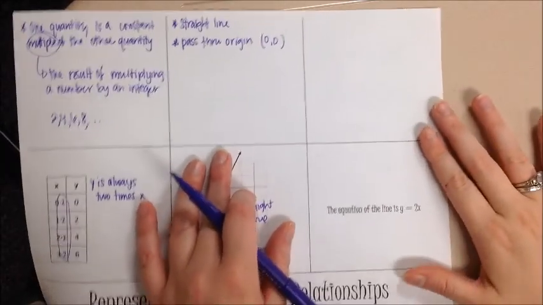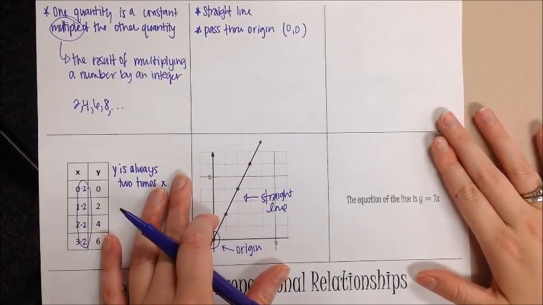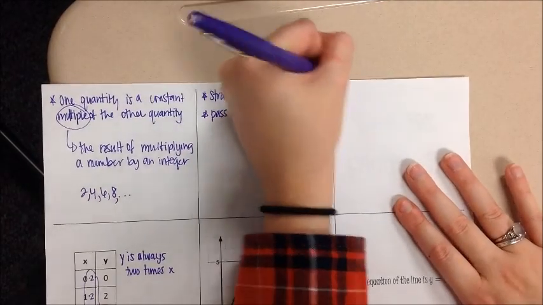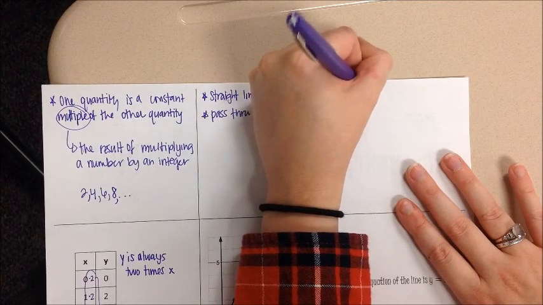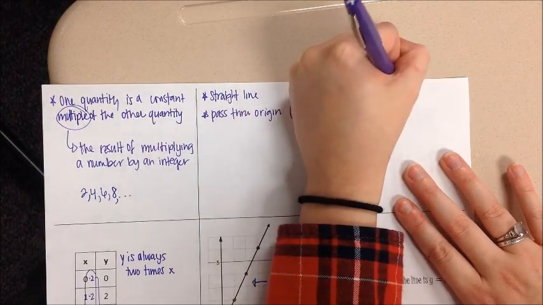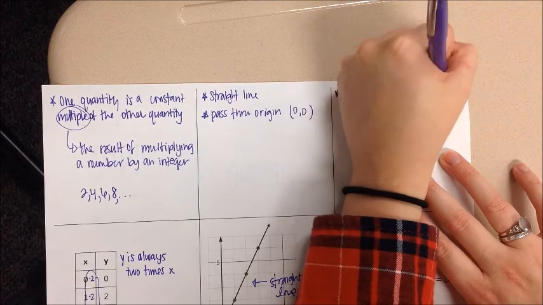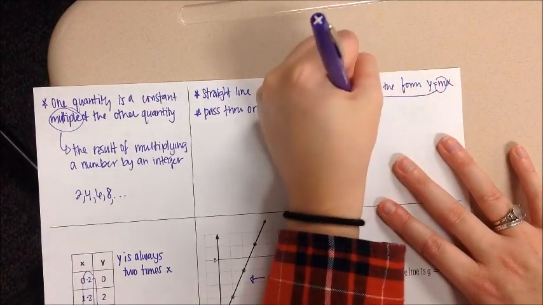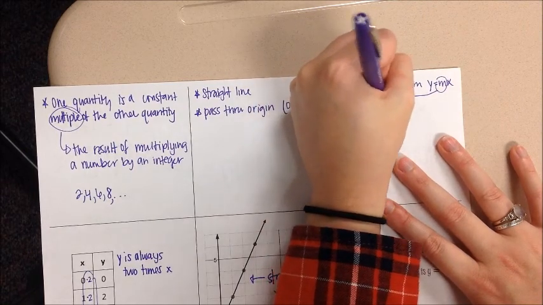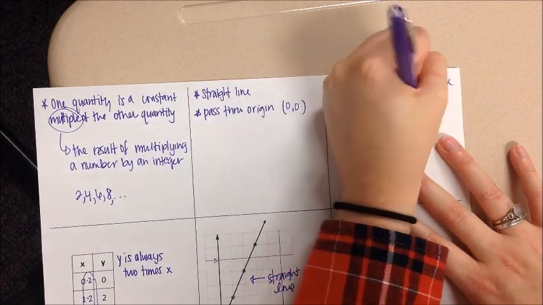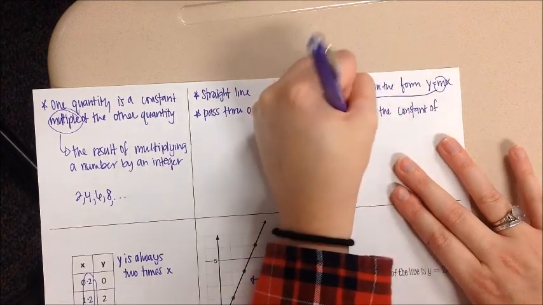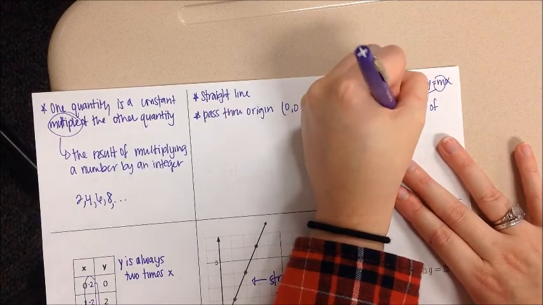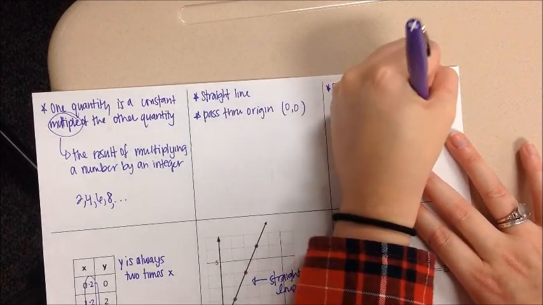Okay, so now we're moving on to equations. So when we have an equation, we're looking for equations in the form y equals mx, okay, where m is the constant of proportionality, or that y divided by x.